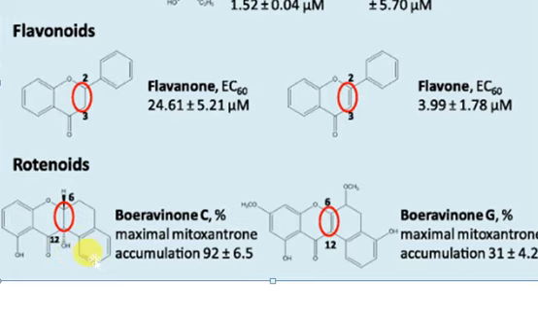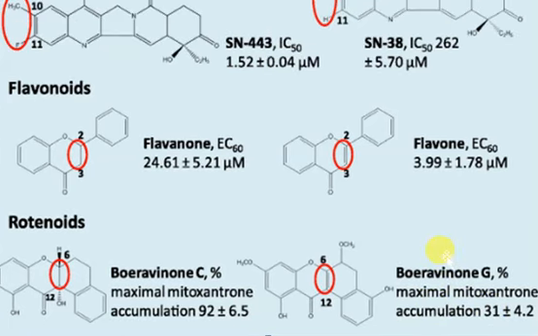This is the maximal accumulation of metazentron, with a value of 92. With a double bond here between 6 and 12, the maximal metazentron accumulation decreases to 31%. So this is the change in biological activity from just a small variation in structure, right?